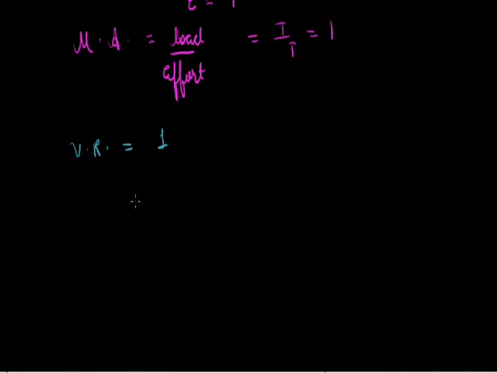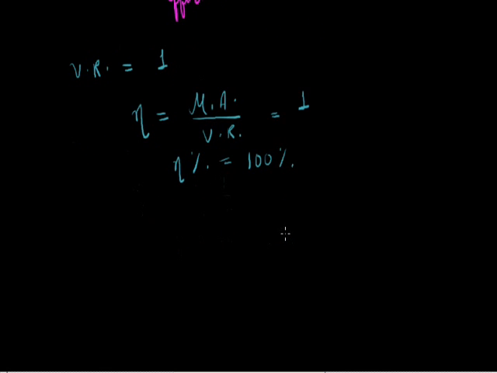So, velocity ratio equals 1. Now, we will calculate its efficiency, that is mechanical advantage divided by velocity ratio. That also comes out to be 1. So, eta percent equal to 100%. These are the various parameters of a single fixed pulley system.